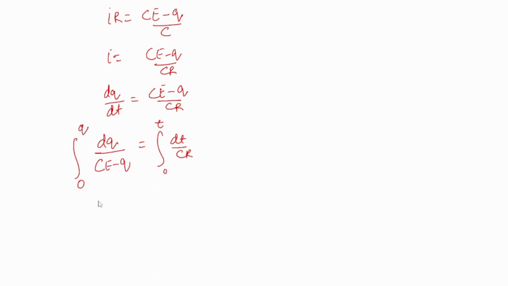This is a simple integration. This will be minus ln(CE minus q) from 0 to q, equals 1 upon CR times the integral of dt from 0 to t.